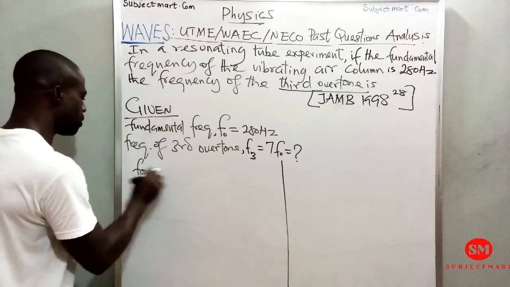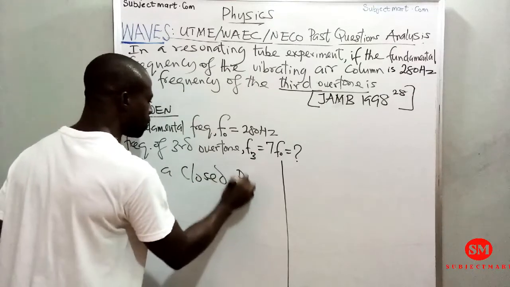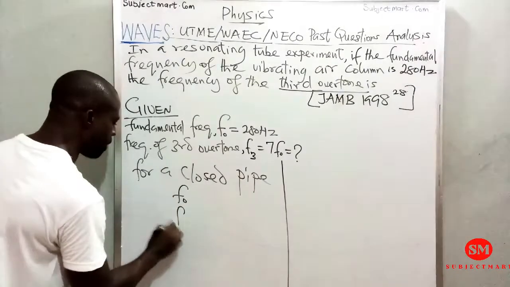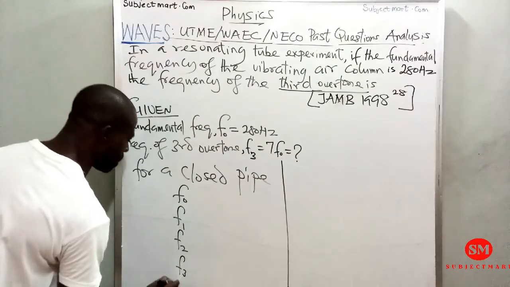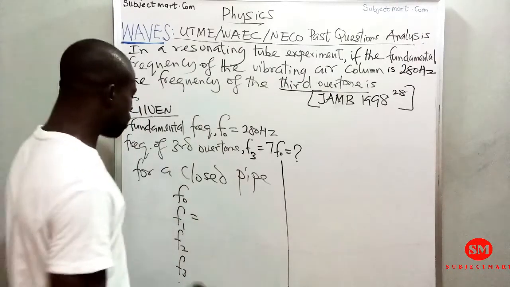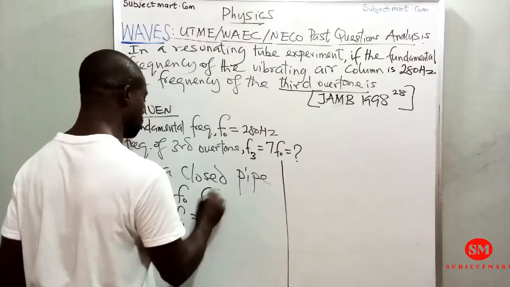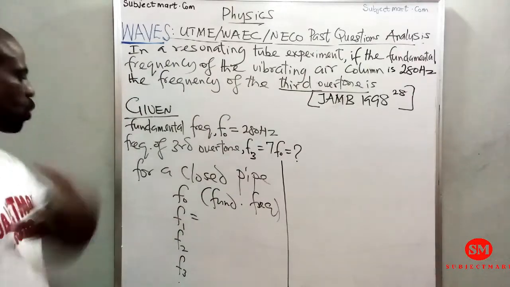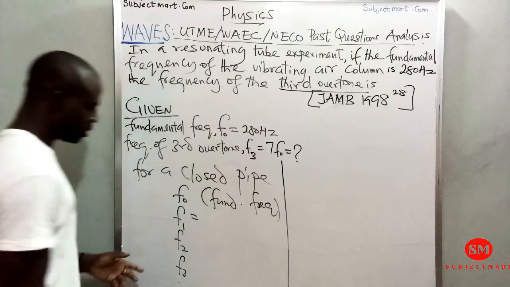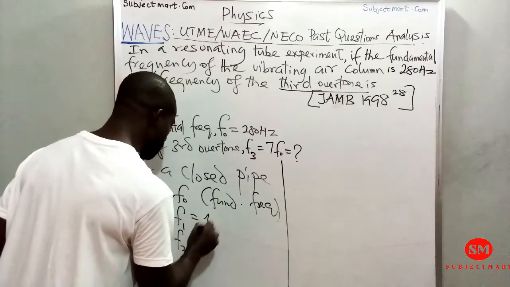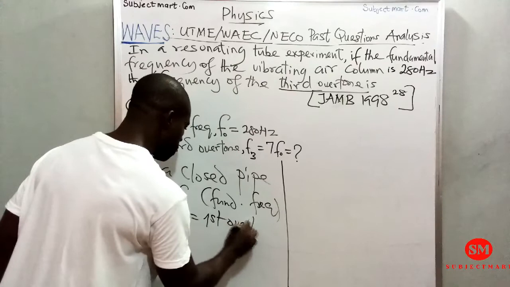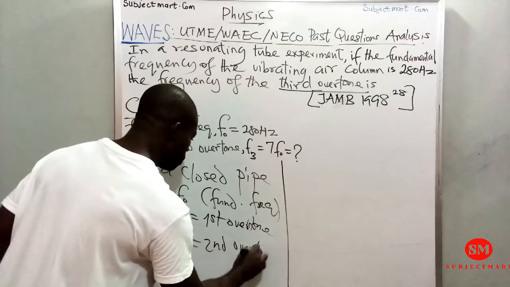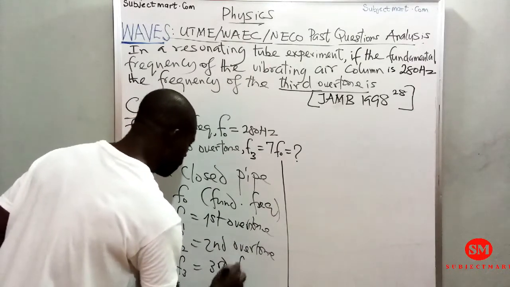Now, for a closed pipe, we have the following frequencies. We have F0, F1, F2, F3, etc. F0 is the fundamental frequency, which we are given in the question. Then F1 is your first overtone, F2 is our second overtone, and this one is our third overtone.